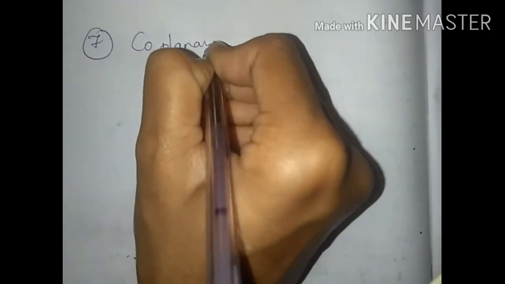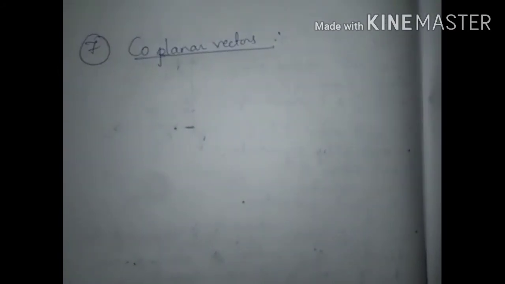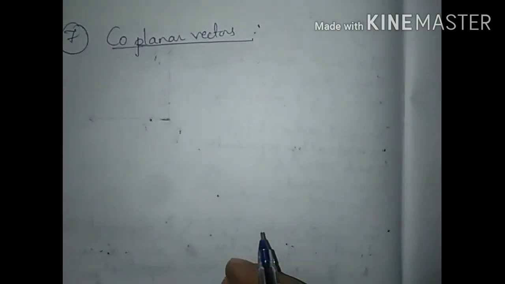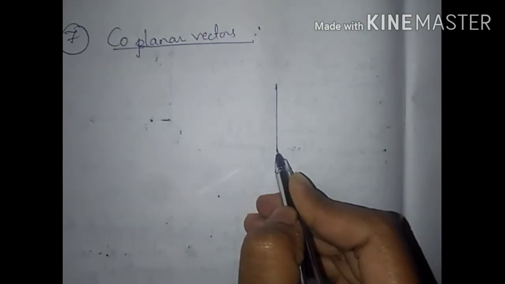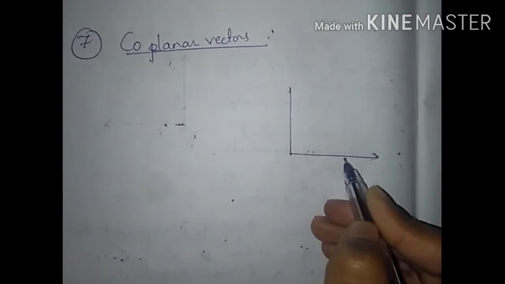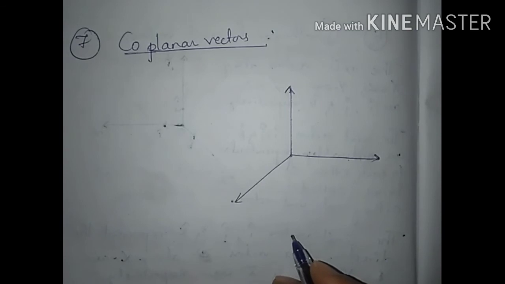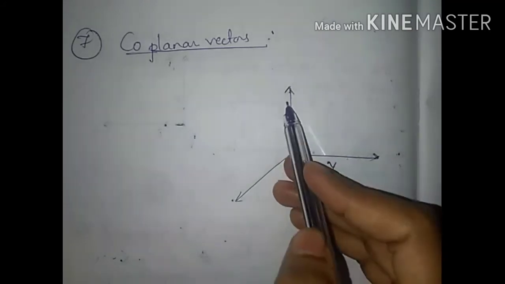The last and seventh definition is coplanar vectors. What are coplanar vectors? Vectors lying in the same plane are known as coplanar vectors. Let us consider three mutually perpendicular vectors, vector x, vector y and vector z, along the x-axis, y-axis and z-axis.